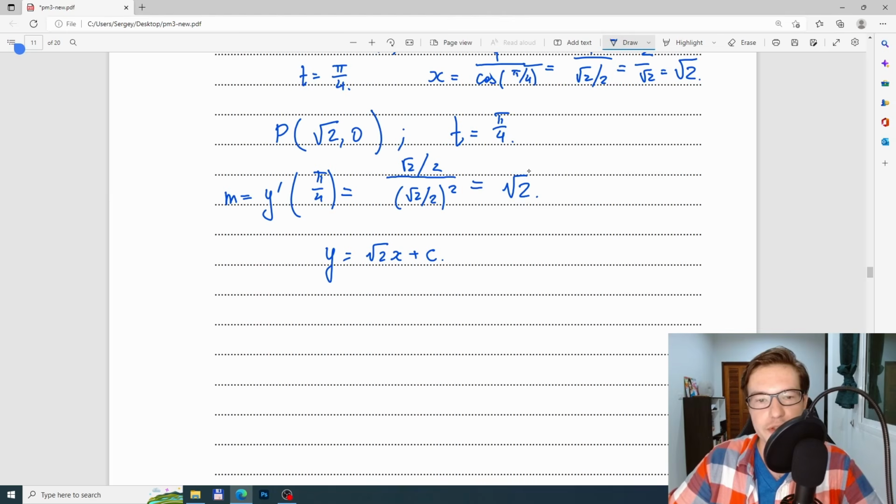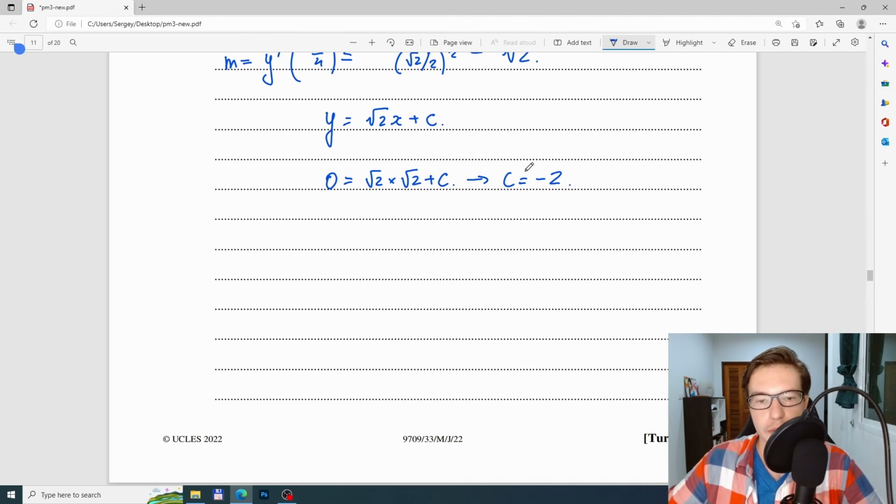So x equals square root of 2 and y equals 0, so it means 0 equals square root of 2 times square root of 2 plus c, and therefore c equals minus 2. And we have our equation, which is y equals square root of 2 x minus 2. And I will say that this is going to be the answer for that question.